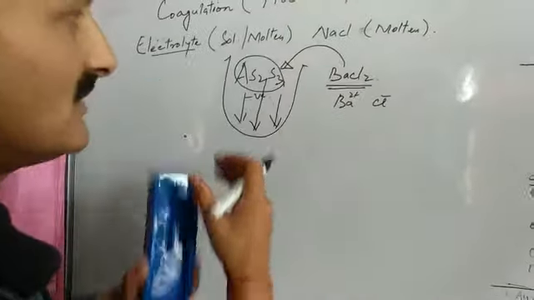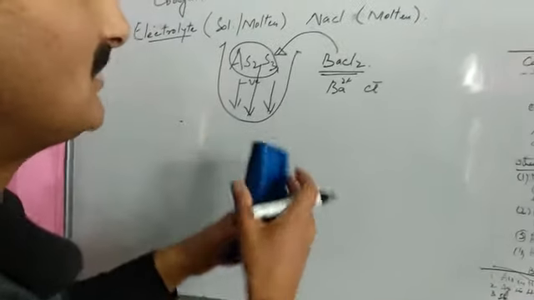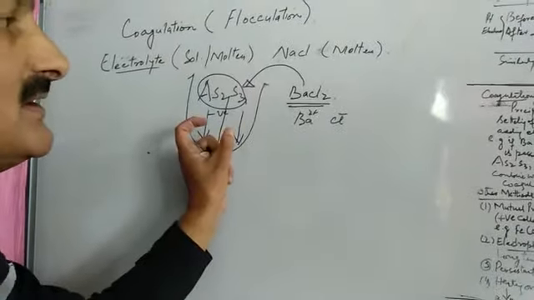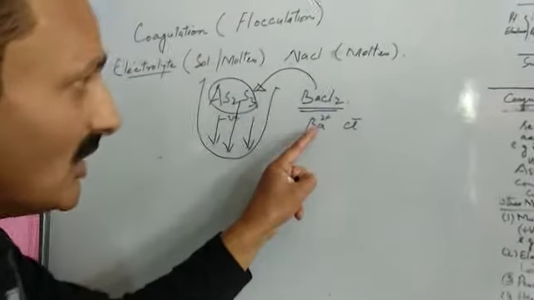So what is the process now? The process is very simple: when an electrolyte is added to the colloid, the oppositely charged ion combines with it.